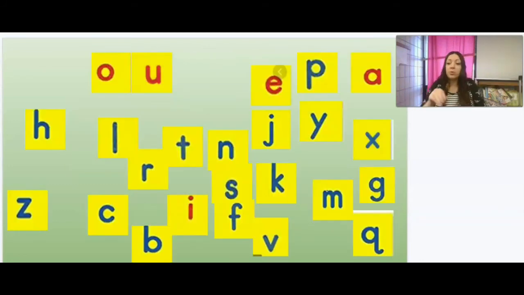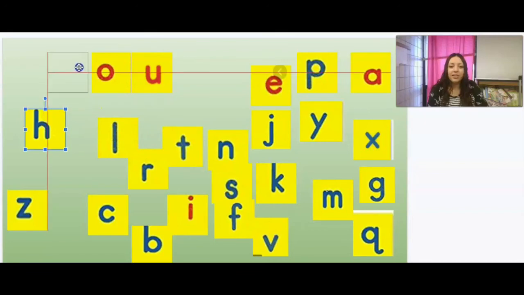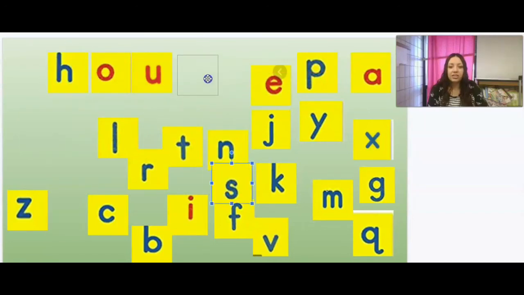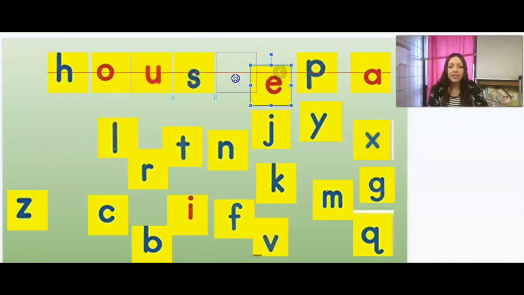All right. And we're just going to make a few words real quick because we worked on that ow sound yesterday, just to kind of warm up. So I've got my ow sound OU diphthong in the middle. What would happen if I take an H and an S and an E? Now I have house.